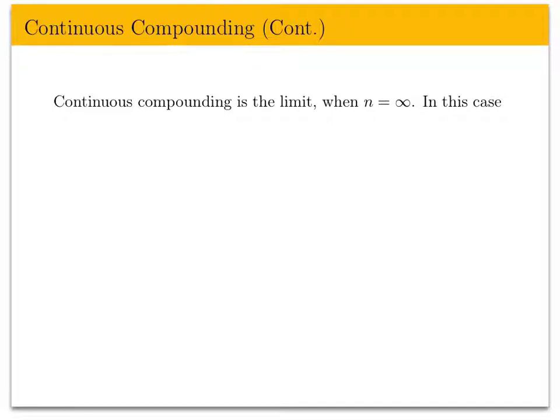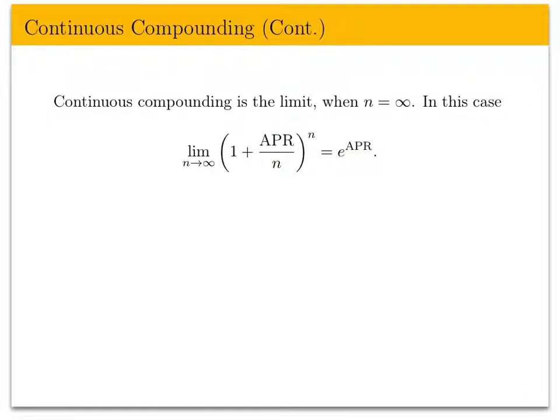So continuous compounding is the limit as n, the number of time periods that we consider in a year for compounding, goes to infinity. In this case, we have this equation for the EAR, 1 plus APR over n raised to the nth power. As we take n to the limit, it turns out that this is the exact equation for Euler's number, e, raised to whatever value you have right here.